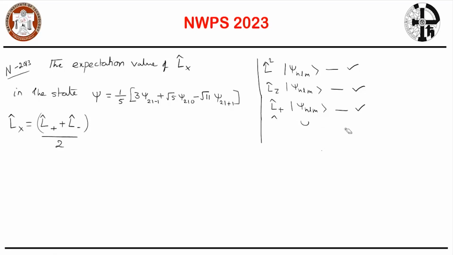So let's start. Let me write some L plus expressions. This is also tedious. There is a lot of algebra you have to do, but it's good to do once. Let's start with L plus acting on psi 2, 1, minus 1.